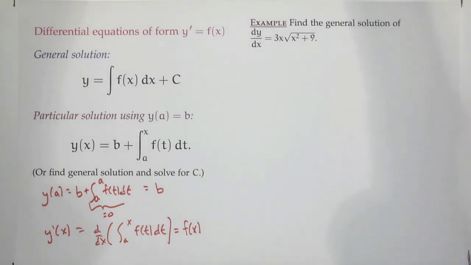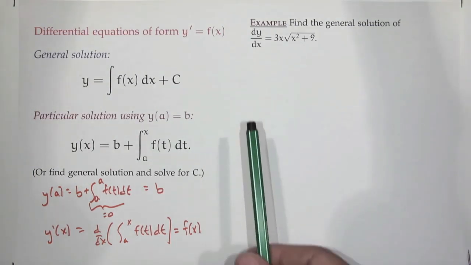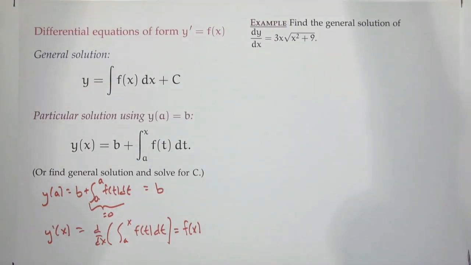So, all right. So I know you're like, these are easy. Yeah. Oh, maybe. Some can be challenging, but we should try these. All right. Find the general solution: dy dx equals 3x square root of x squared plus 9. Okay. So what do we do? Take an integral.